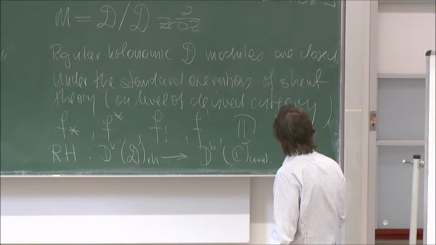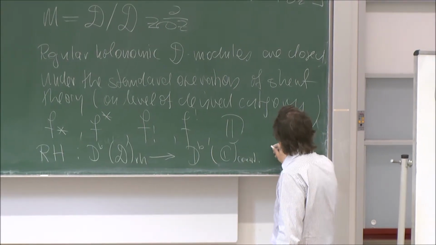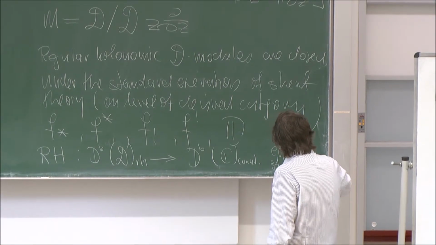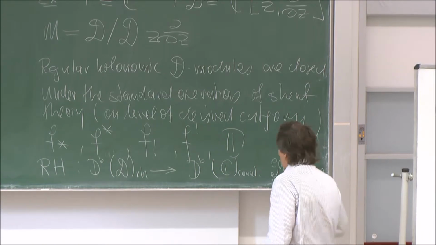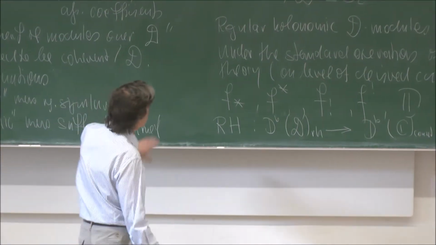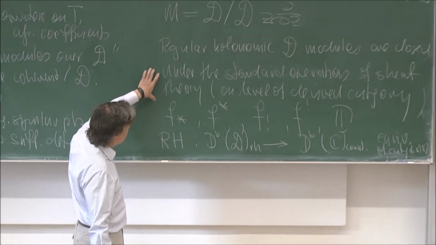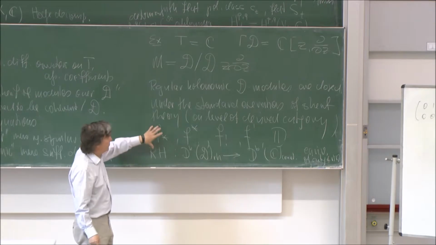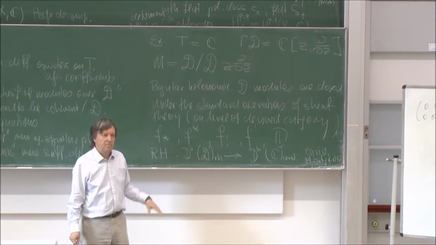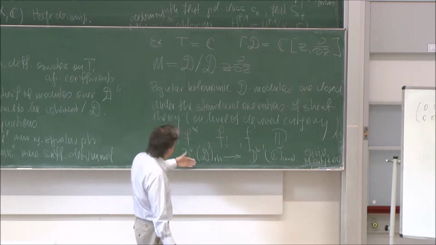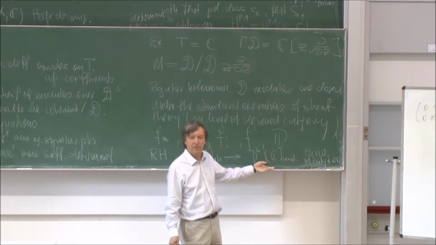So this is the Riemann-Hilbert correspondence, and it is an equivalence of categories. So RH stands for Riemann-Hilbert, and then, of course, this statement is to be understood in the following sense. On sheaves of vector spaces, at least at the derived level, one has these operations. This equivalence of categories relates the operations on this side to the corresponding operations on that side.